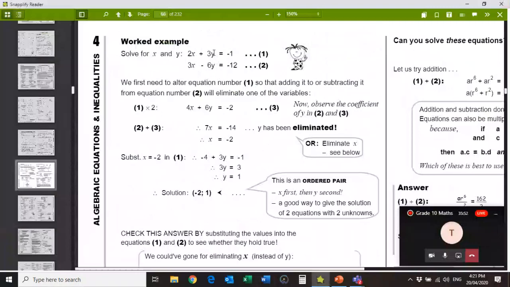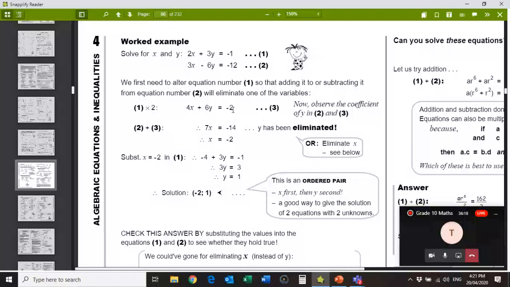How do I eliminate it? If this is plus 6 and this is minus 6. So now we times it by 2 in order for this to be 6, right? So we have 4x plus 6y. How did I get that? I said 2 times 2 is 4 and 2 times 3 is 6. And then 2 times minus 1 is minus 2 as well.